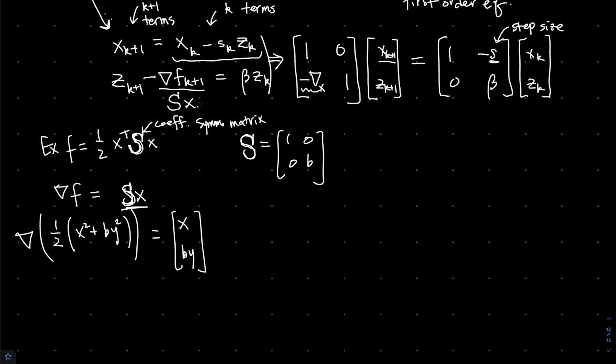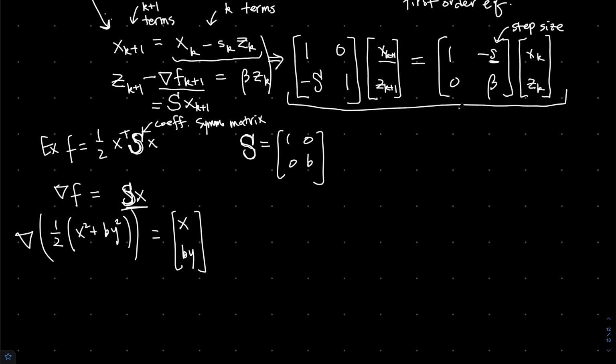So we will write this, and then we can see here that we can write minus S matrix in the place of the gradient. Minus S matrix xk plus 1. That's this term, right? So now this is the full system of equations.